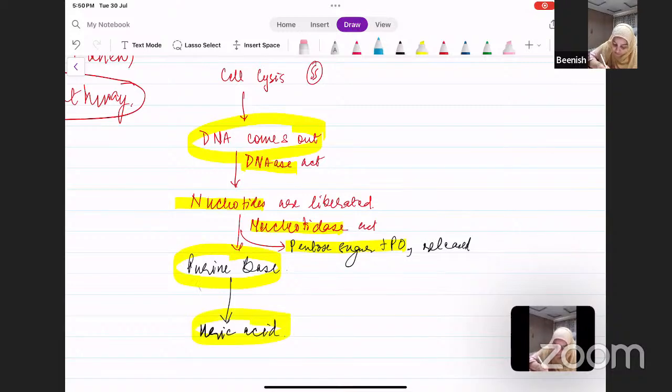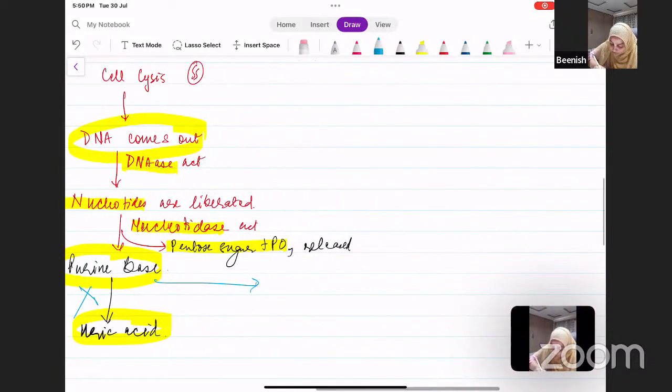But the body will not do so, because the body has spent a lot of energy in synthesizing these purine bases. So the body will not want this energy to go to waste. The body tries to save these purine bases. These purine bases are going to be salvaged back to purine nucleotides.